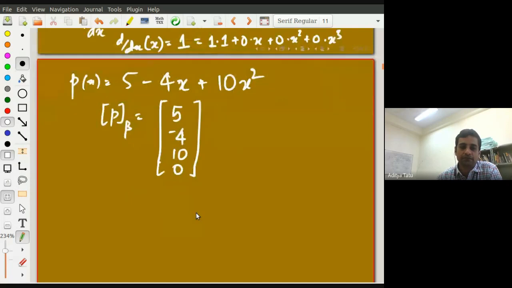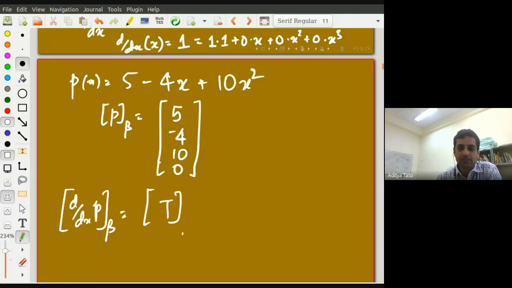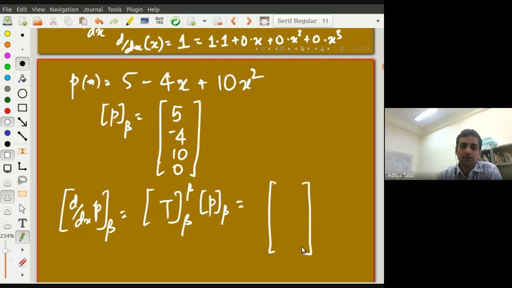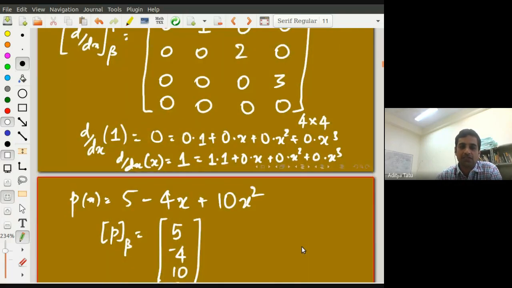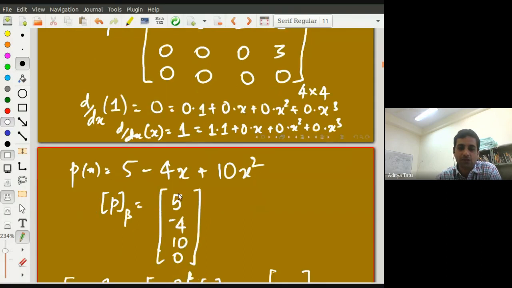And then d by dx of this polynomial p represented in the basis beta would be T beta beta, which is what we have just found, times this vector. If I just multiply this, this is 5 times the first column minus 4 times the second column plus 10 times the third column.